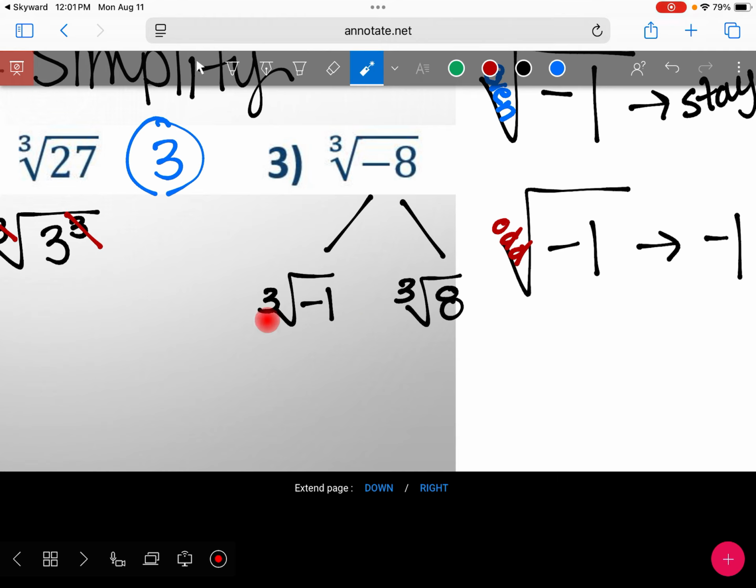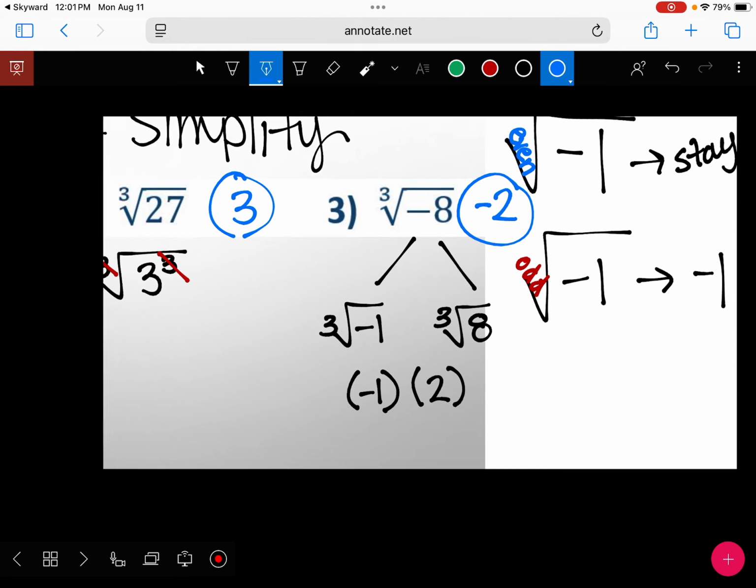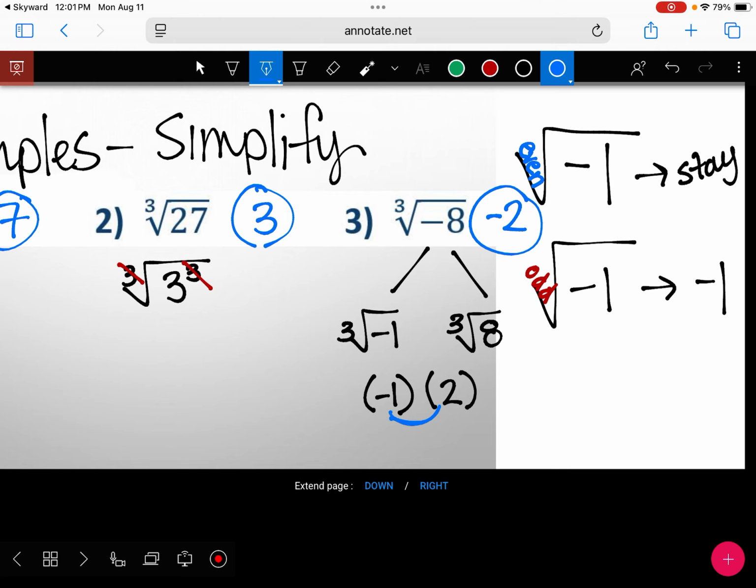Come out because 3 is odd. So this is just a negative 1. Does anybody know what the cube root of 8 is? 2. 2 times 2 times 2 is 8. So this is really negative 1 times 2, which means for number 3, my answer is just negative 2. Because you multiply those 2 answers together.